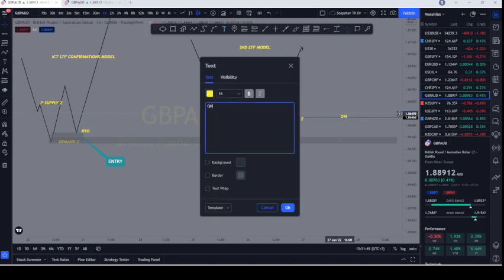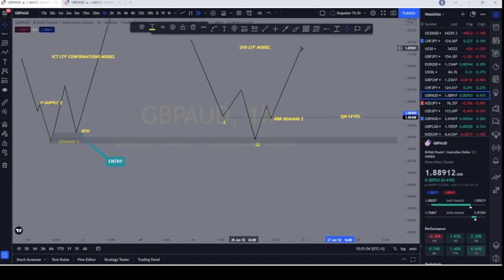So for my entries, I will enter at the return to this level. I'll wait for the price to come and test this zone, the QM level. This is where I wait. This is my entry, on the lower time frame.